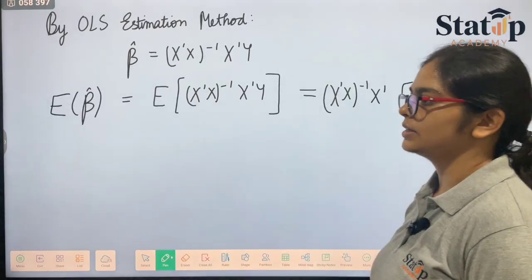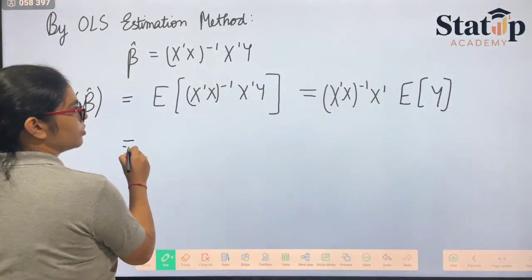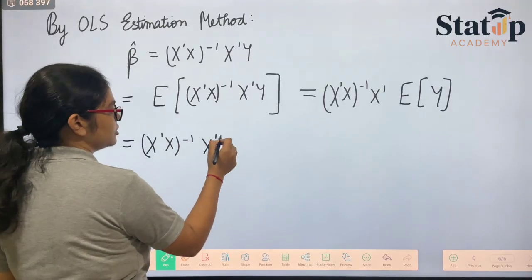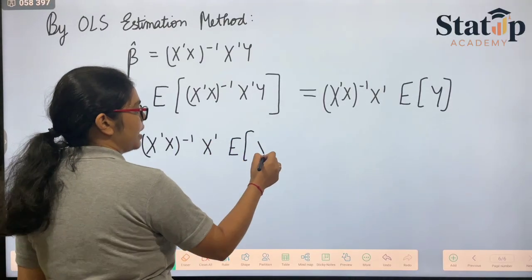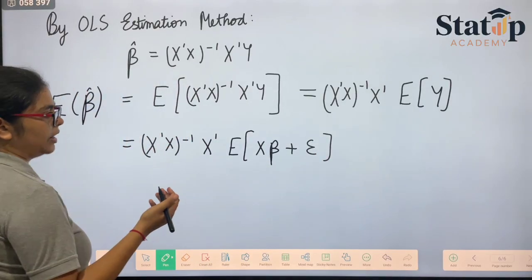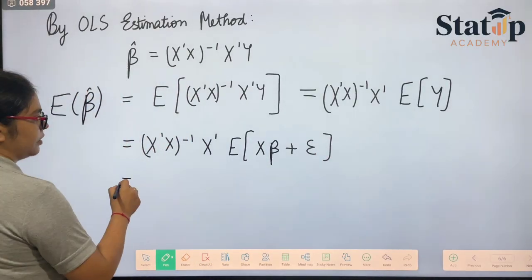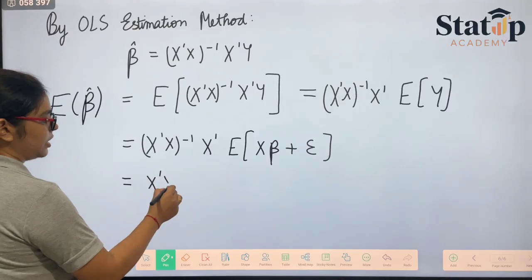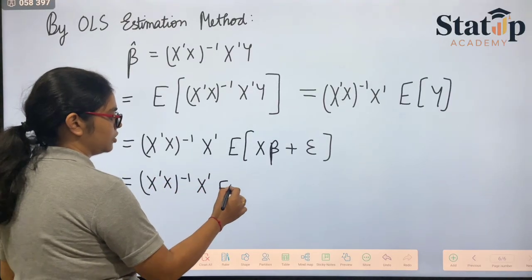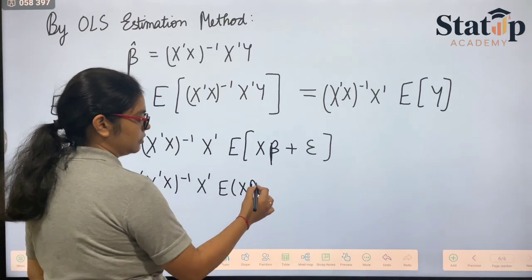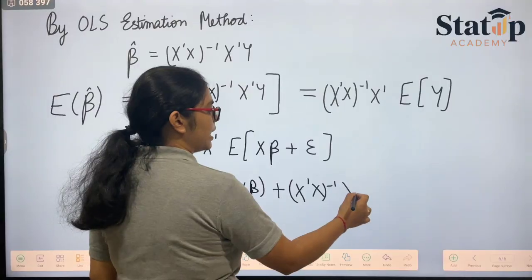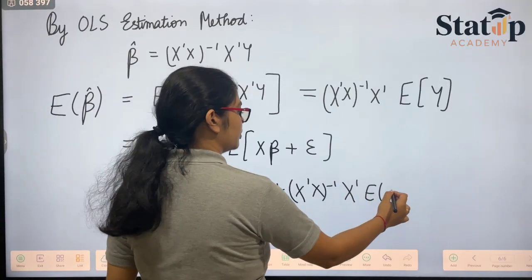Now y can be written as x beta plus epsilon. So it will be x dash x inverse x dash expectation of x beta plus epsilon. Now opening the bracket, we will get x dash x inverse x dash expectation of x beta plus x dash x inverse x dash expectation of epsilon.